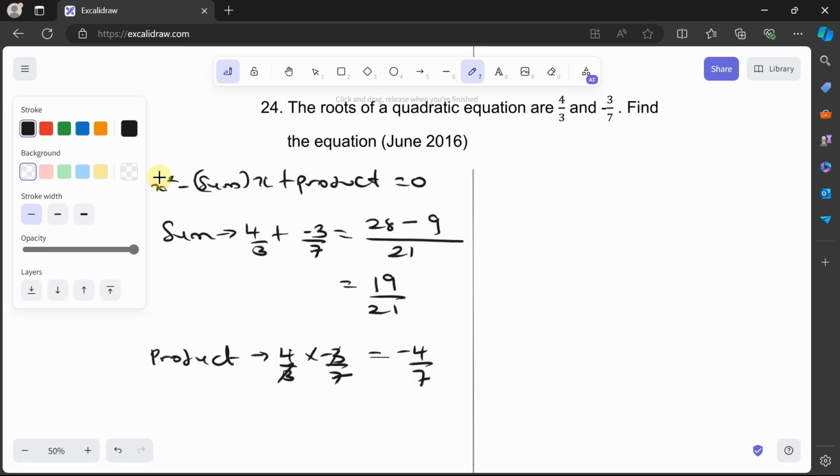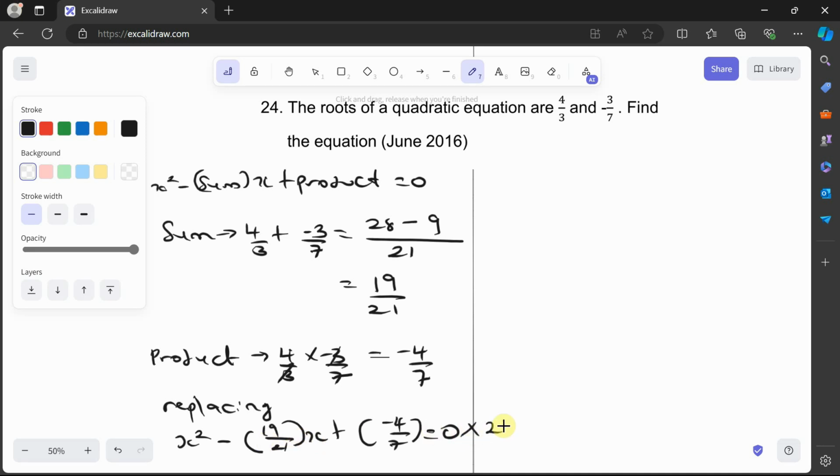So let's put everything together. Let me replace inside this particular equation. So replacing, that will be x squared minus open brackets 19 over 21 x, then plus open brackets minus 4 over 7, is equal to 0. We cannot leave it like this. In fact, we have to first say plus times minus is minus, but then we can't leave it like this with a fraction. So I will multiply this by 21, because 21 can go in 21, 21 also can go in 7, so that we don't have any fraction.